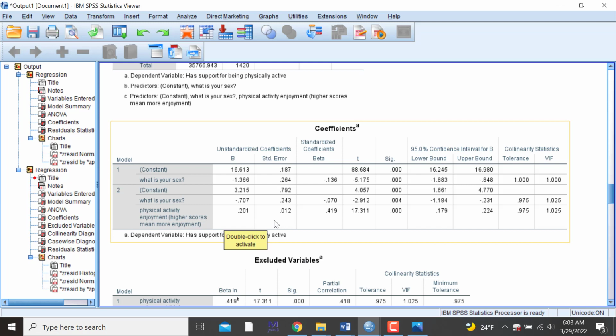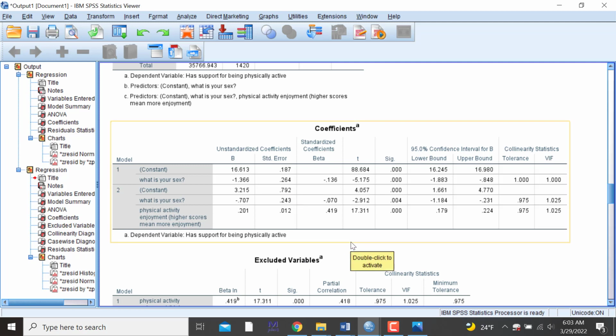Right, so let's take a look at it and look at significance. Significance changed a little bit for sex here. So physical activity enjoyment has a significant effect. So how would I interpret this? Each unit increase in physical activity enjoyment results in a 0.201 increase in physical activity support holding sex constant, right? We have to say holding sex constant.